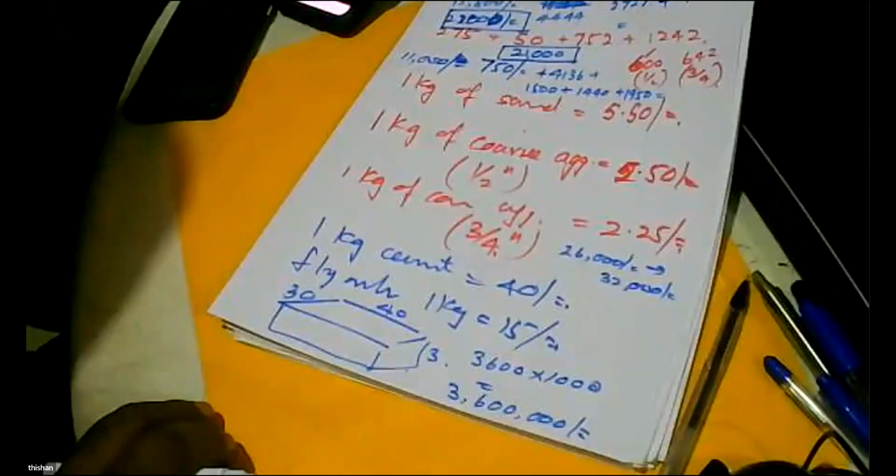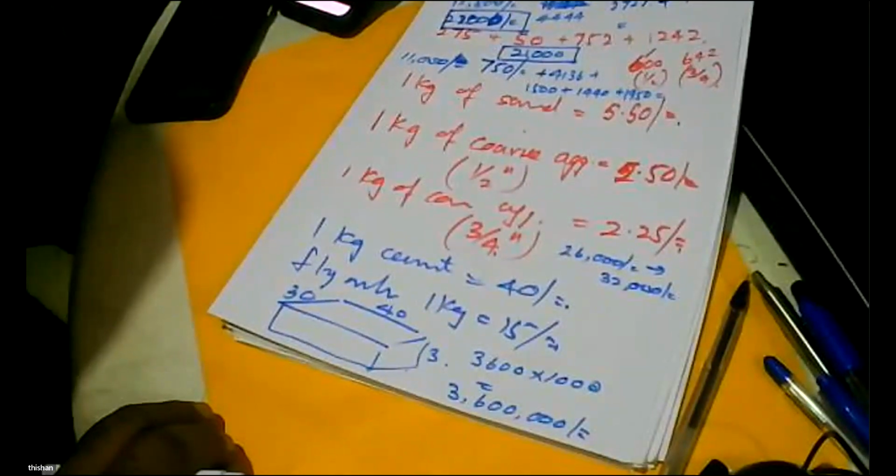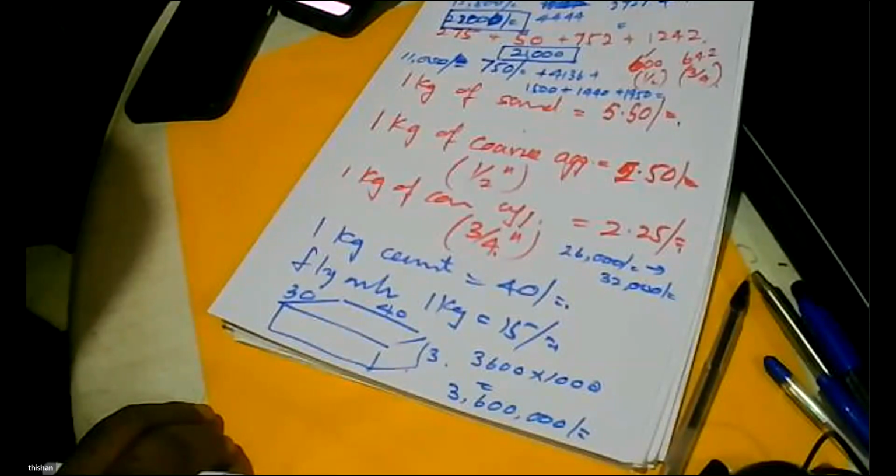Do you know what is the maximum capacity of a concrete mixer that was available for this 2,200 million project? It was a half bag capacity concrete mixer. And this engineer made it happen.